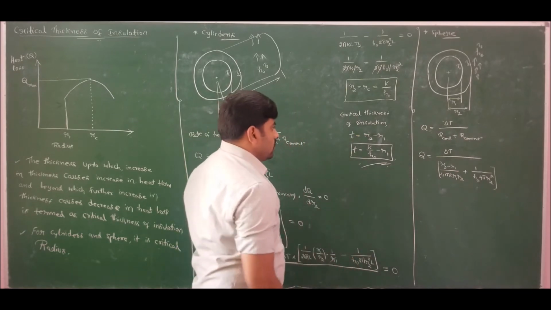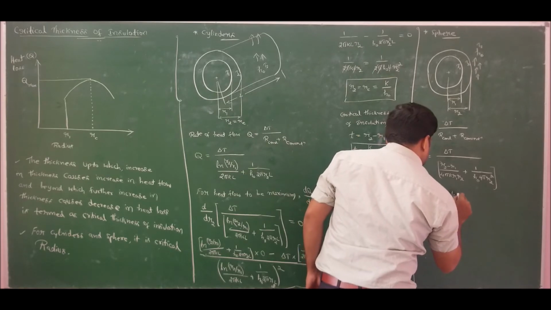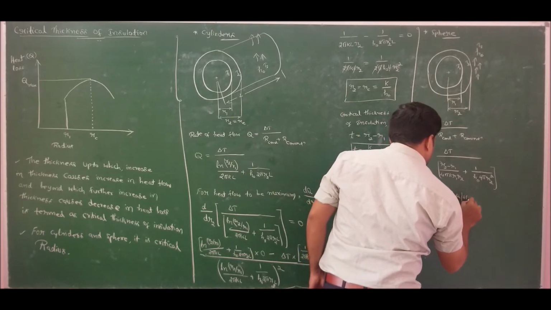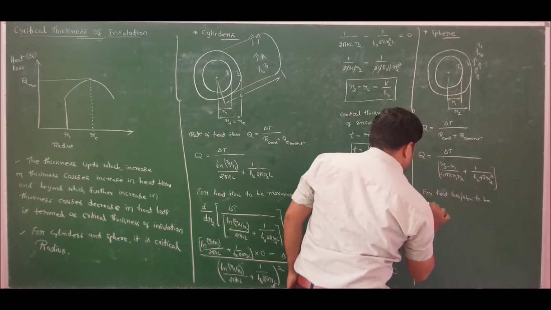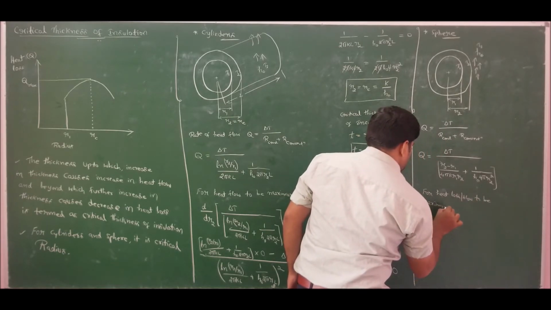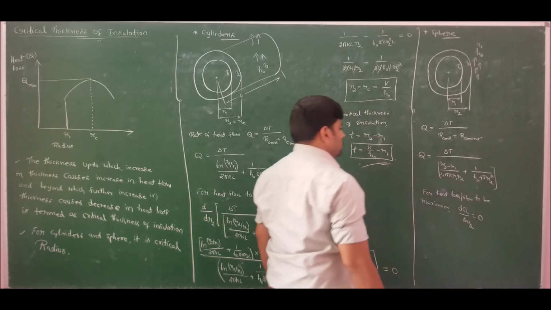Now for heat loss or flow to be maximum, the derivative of heat flow with respect to radius R2 should be equal to 0.